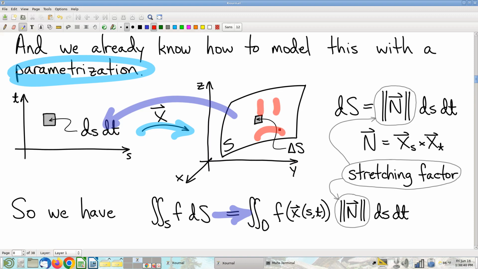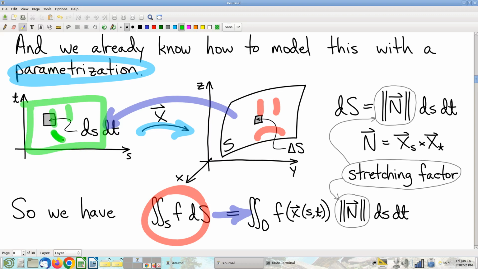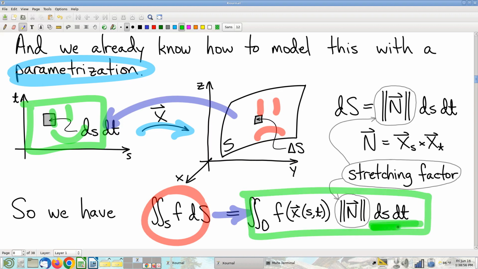I don't know how to do integrals on surfaces. Oh, they're all curvy and wiggly and stuff. And so I don't know how I'm going to compute that surface integral. Well, I'm going to just rewrite it as an integral that happens over here in the ST plane. Just a pullback. Is that cool? Details to follow.